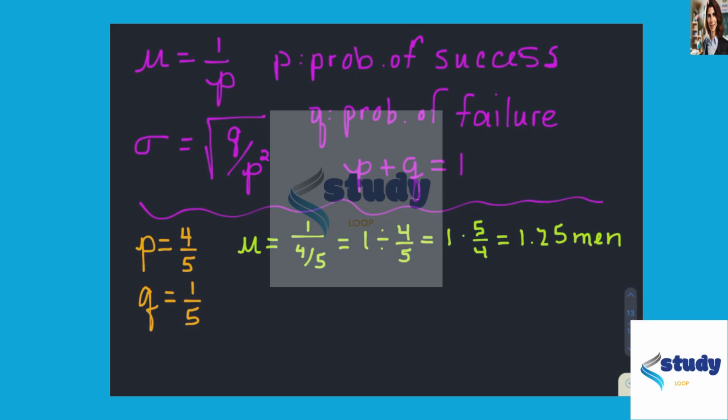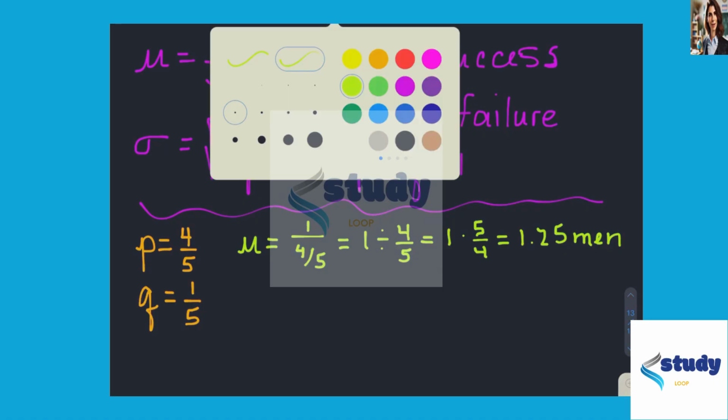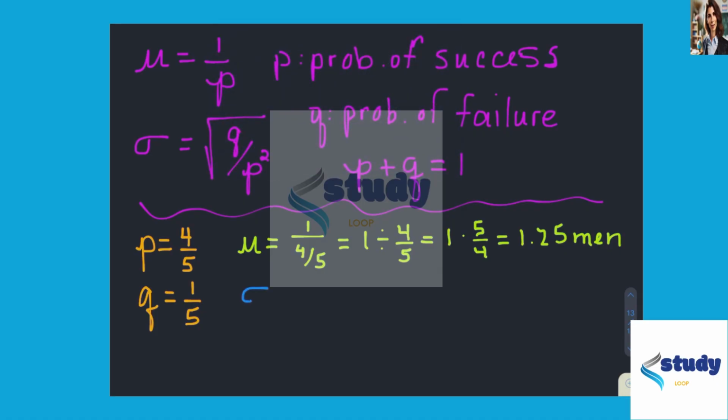Now to do the standard deviation, we're going to apply the second formula. So sigma equals the square root of our q value, which is 1/5, over our p-value squared, which is 4/5 squared. So we're going to do a little bit of cleanup before we grab that calculator.